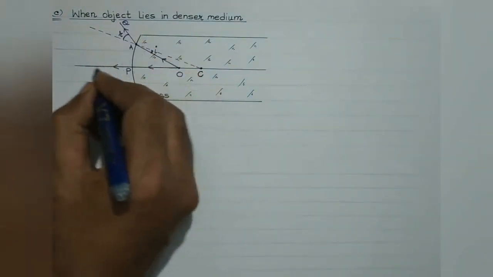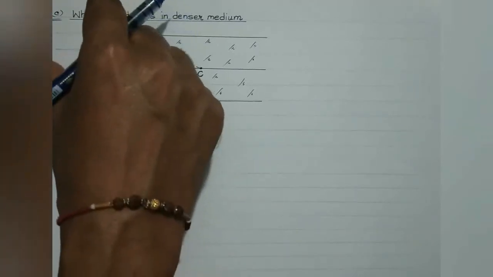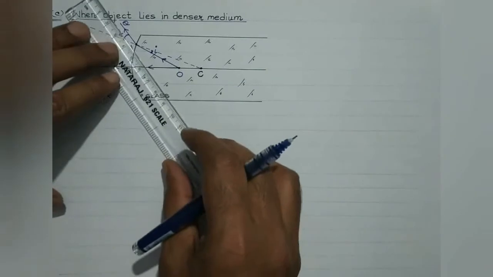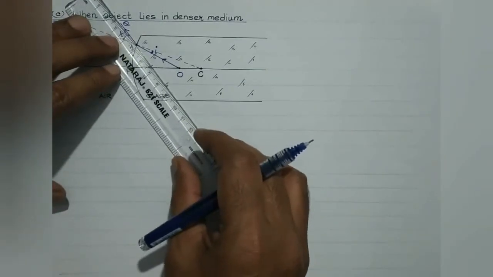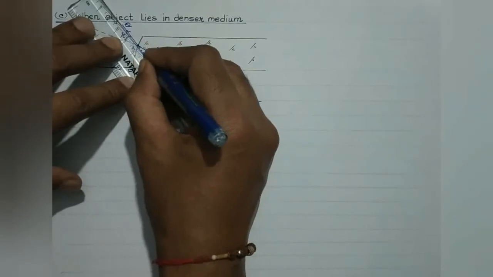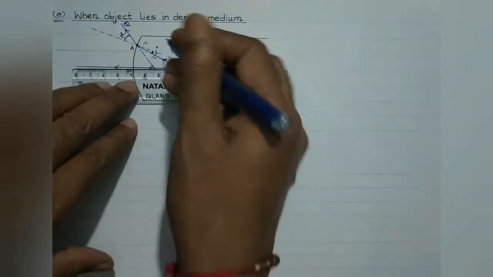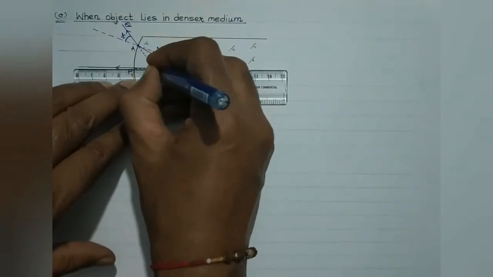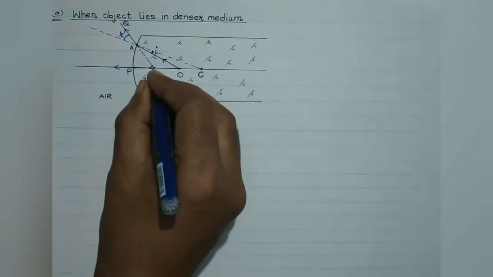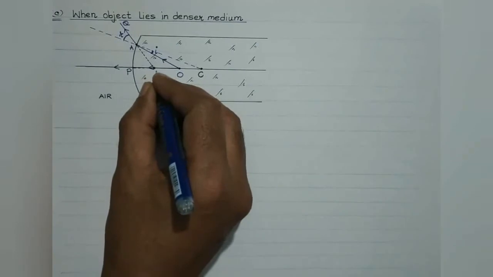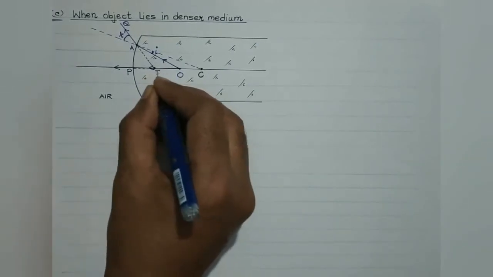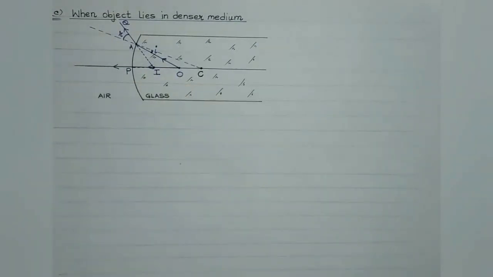So these two rays will never be able to meet over here, isn't it? The gap between them will keep on increasing. So what to do is produce this refracted ray AQ in the backward direction, like this. And this ray also produce it in the backward direction. So here, students, the intersection of two dotted lines will give the position of the image which is obtained, right?